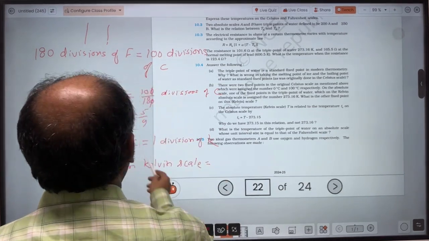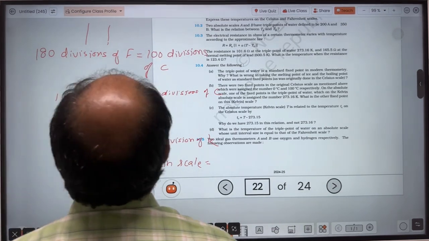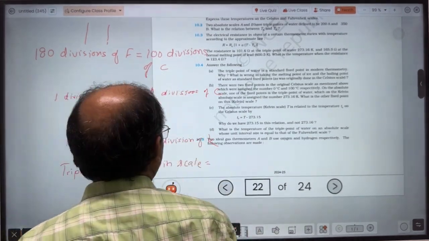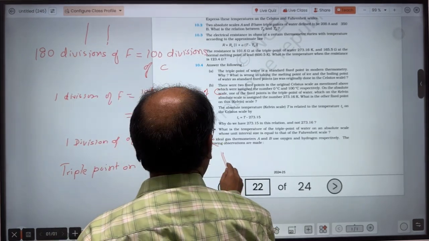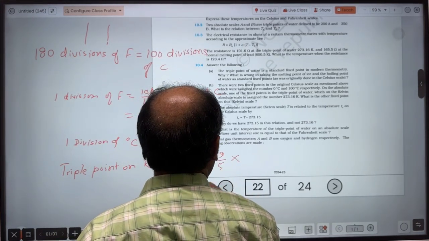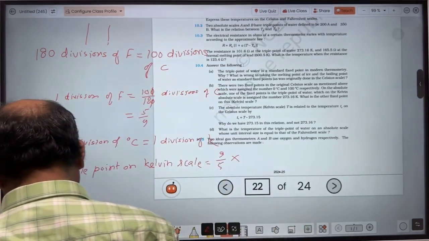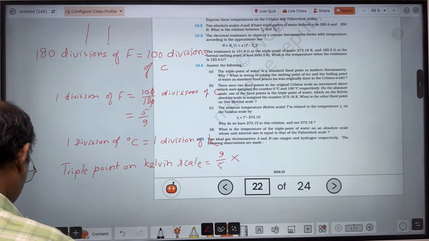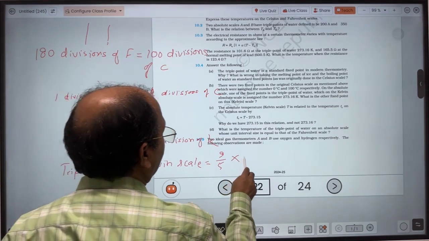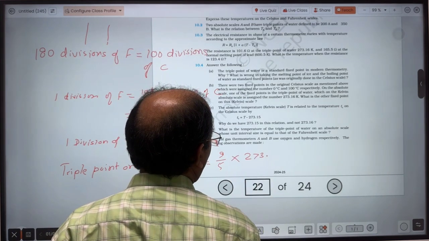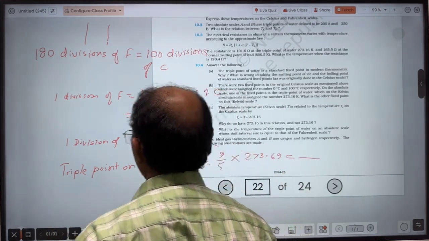If we go in centigrade it will be 5 by 9, so here it will be 9 by 5 parts. We can write 9 upon 5 multiplied by the value, 273.16, and then we can evaluate it. So that is the answer.